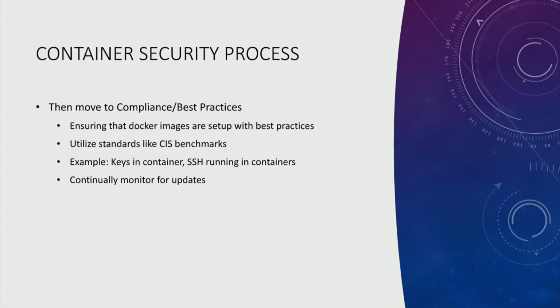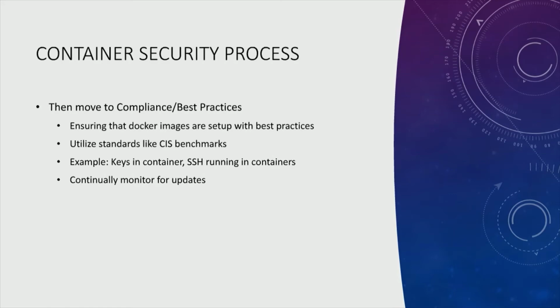Encryption keys are useless if you store them in the place in which you are trying to access the encrypted data, right? So making sure you don't store keys in the container would be an example. SSH running in containers, that's usually a no-no, unless you have a very, very, very specific reason to do it, but sometimes that gets turned on and enabled.